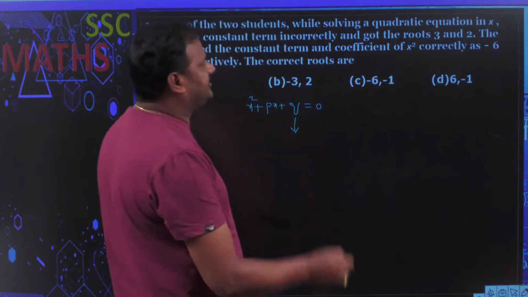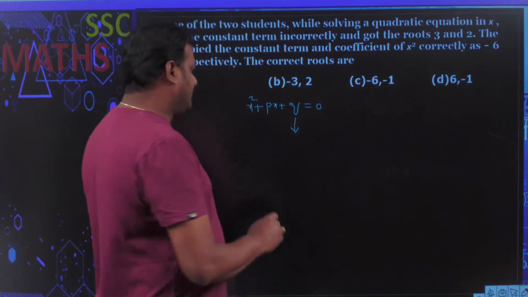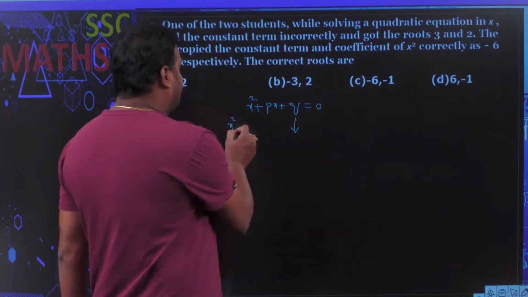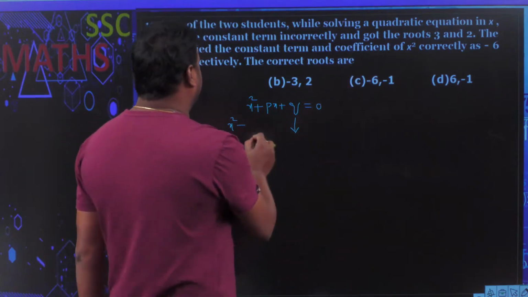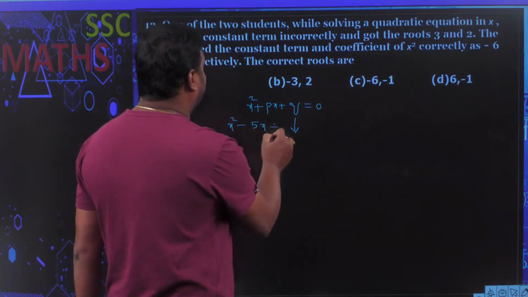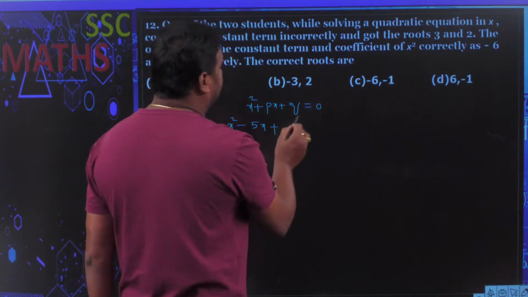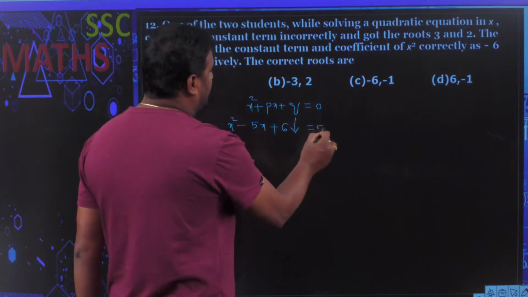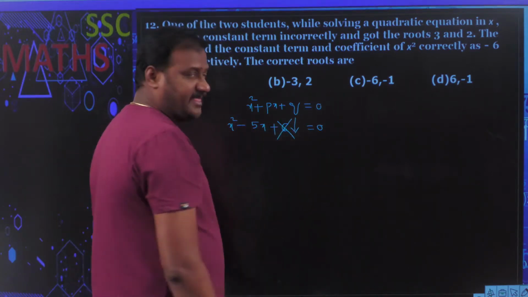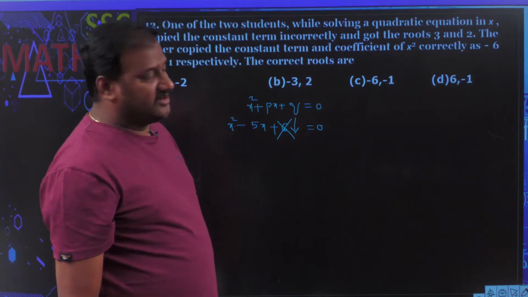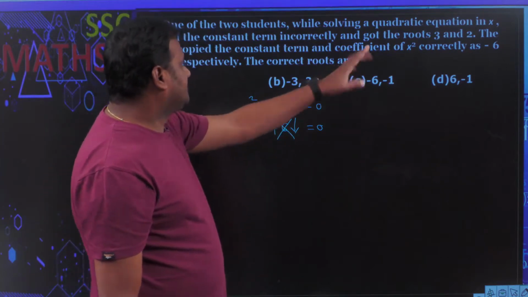What is the quadratic equation whose roots are 3, 2? That is x square minus (3 plus 2, which is 5) 5x plus 3 into 2, which is 6. So here the constant term is wrong.